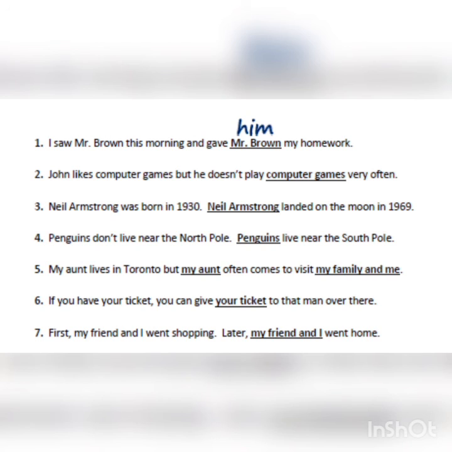So we will simply use he. Neil Armstrong was born in 1930. He landed on the moon in 1969. Now the rest of the sentences you will do on your own and try using the correct pronouns. This much is only for today. Thank you.